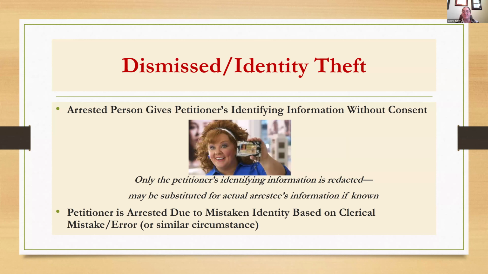Sometimes people give a fake name or a wrong name, and the person winds up getting arrested as a result. It could be called a clerical mistake or error. If you're able to show this is not me, I was not arrested, someone gave my name, then at a minimum you can get your information redacted. If you know the person who used your information, then they will insert that information instead. So that's kind of nice.